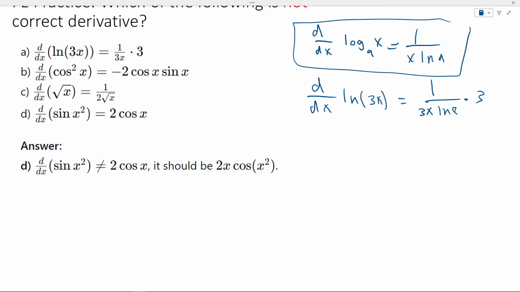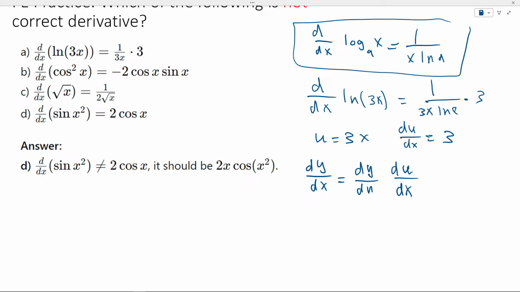So how to do this step by step? You say your u is equal to 3x. Then dy over dx is dy over du times du over dx. Du over dx is equal to 3.